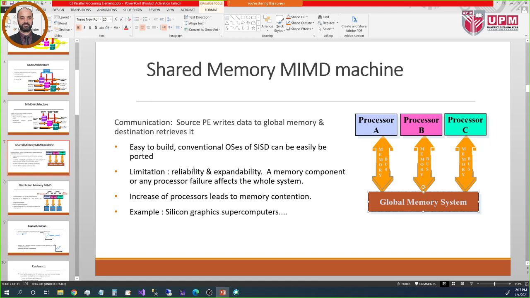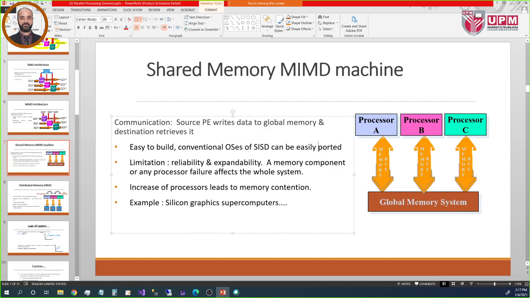Okay, it is easy to build, and conventional operating systems of SISD can be easily ported. So, is it multiple processors or multiple cores?